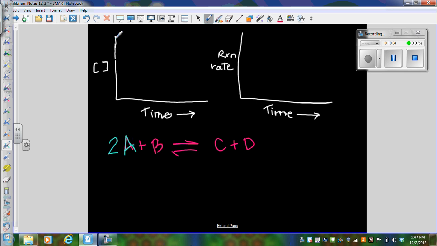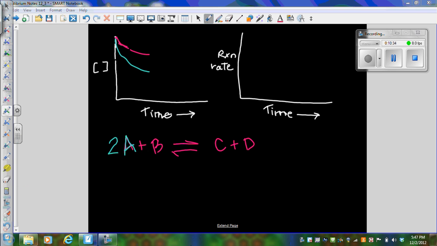So we have some concentration of A, and over time, that concentration of A is going to decrease. And then we also have some amount of B, which should be half of whatever this is if we're not going to run out of it. So that will be decreasing as well, but the slope is not going to be as extreme because it only has a coefficient of 1 instead of 2.